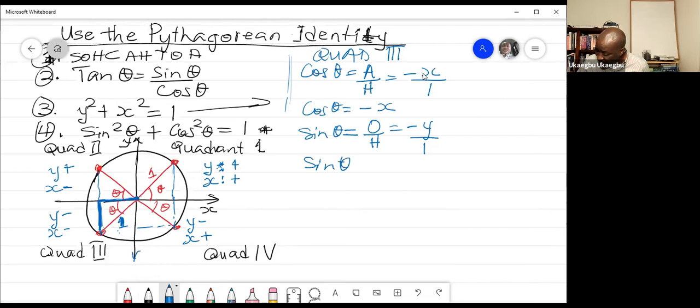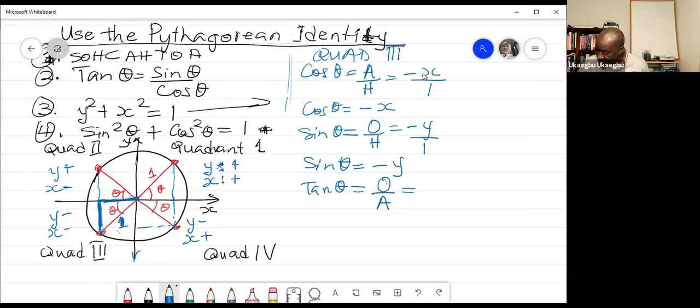Sine theta is going to be negative y. So that's for the third quadrant. The sine of every angle in the third quadrant is always negative. That's what this shows us. Now let's do tangent. Tangent of theta is always opposite over adjacent.